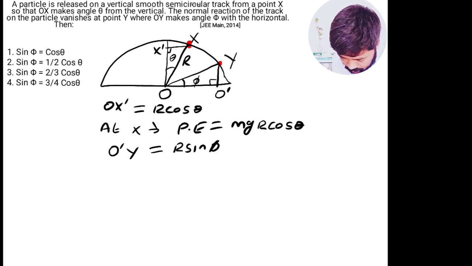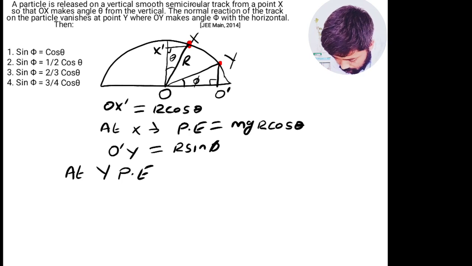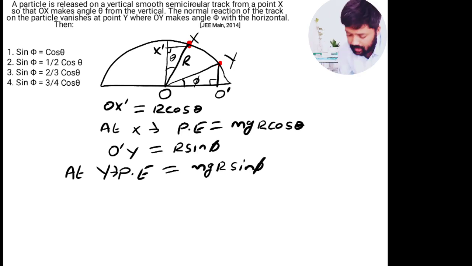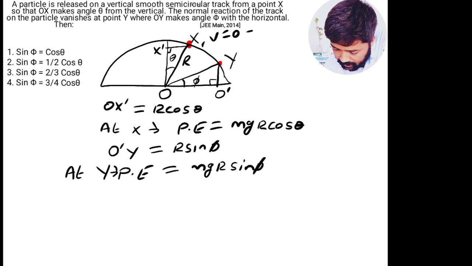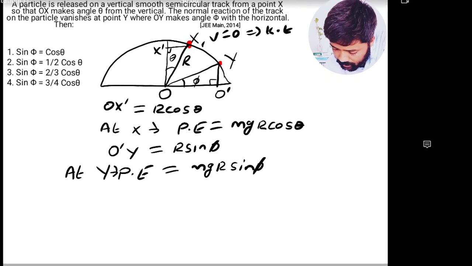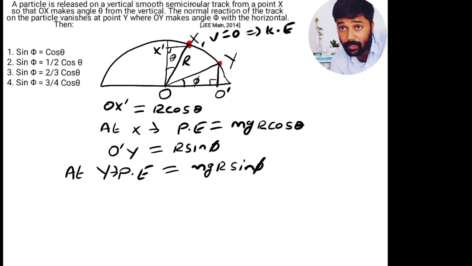So at Y the potential energy is equal to mg R sine phi. Now we'll use energy conservation, so for that we need to find kinetic energy as well. At X, since the velocity is 0, the kinetic energy was 0 because it was just released; initially the velocity was 0.